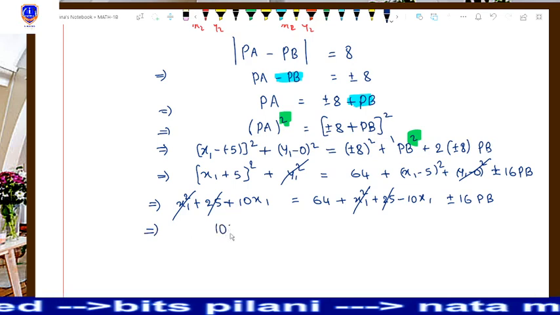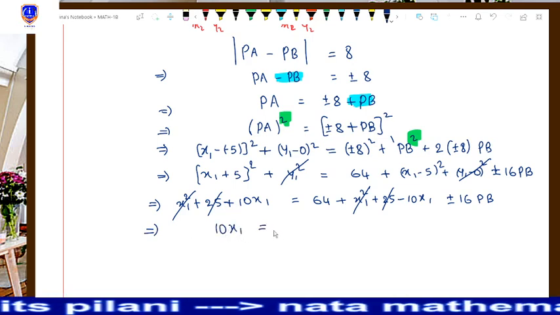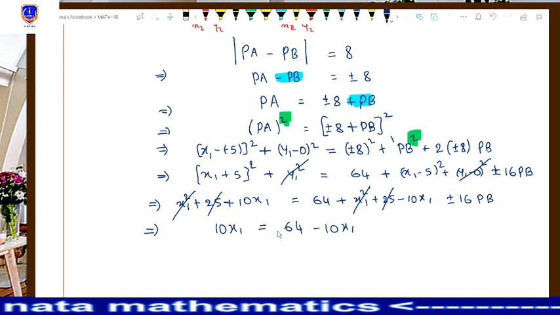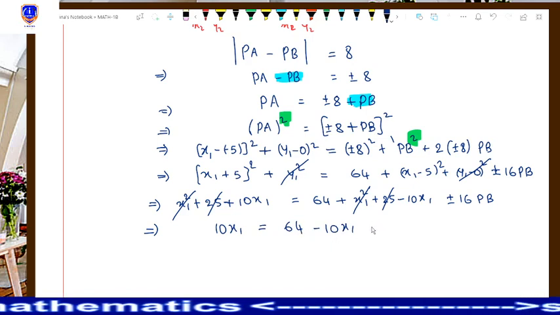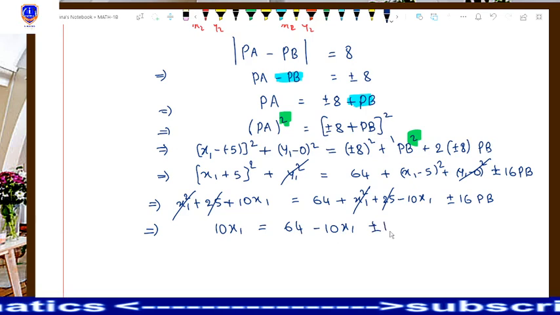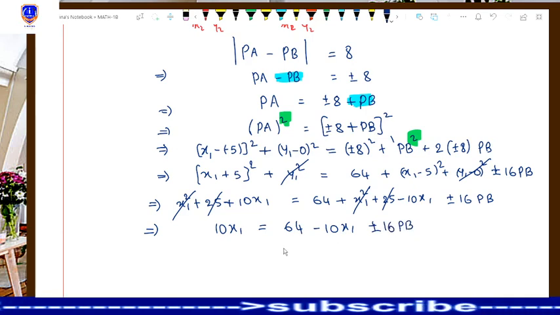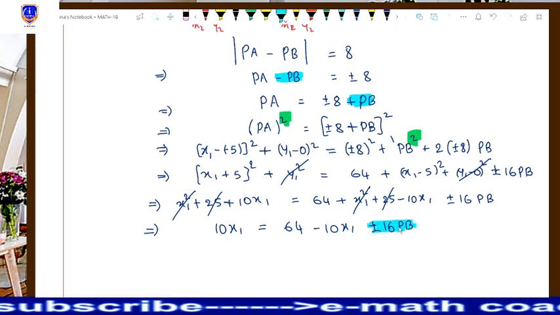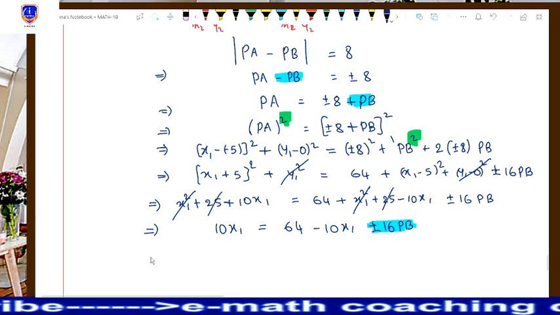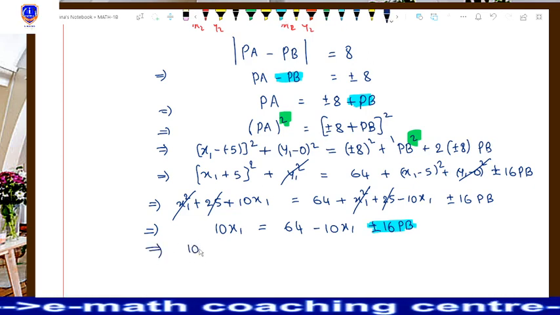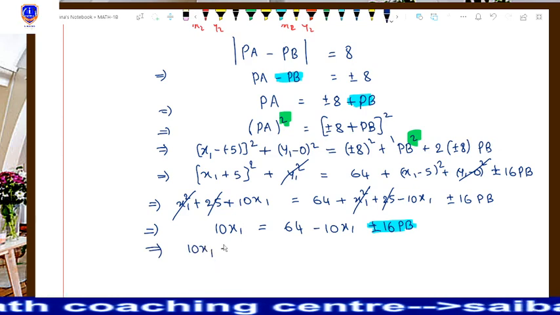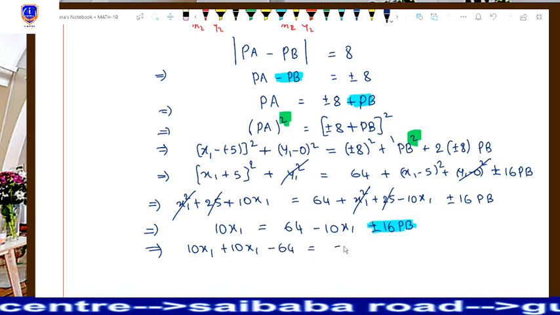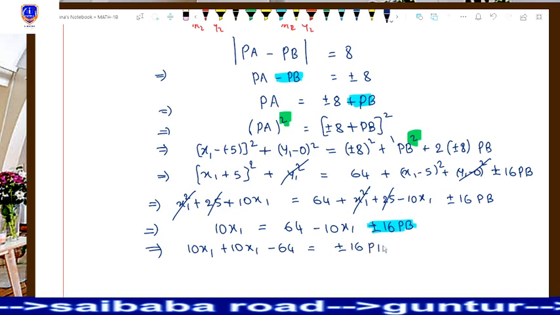Next step, write the remaining terms on both of the sides. So 10x1 is equal to 64 minus 10x1 plus or minus 16 pb. Except this term, move all the remaining terms to the other side: 10x1 plus 10x1 minus 64 equal to plus or minus 16 pb.